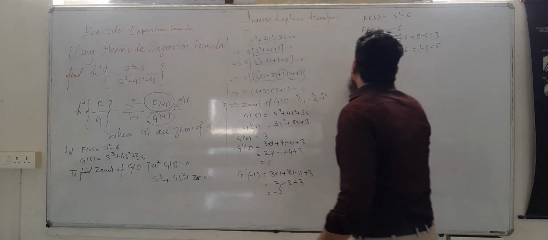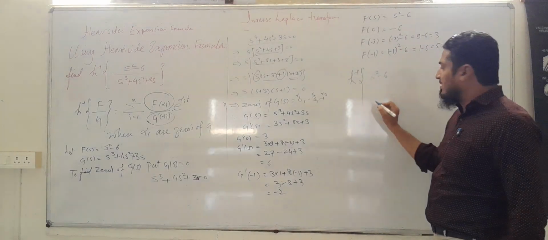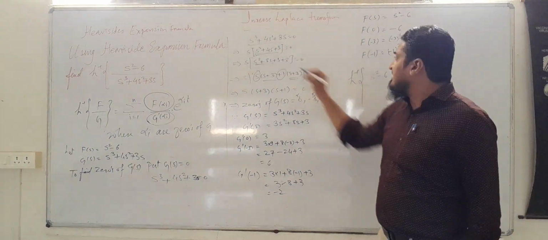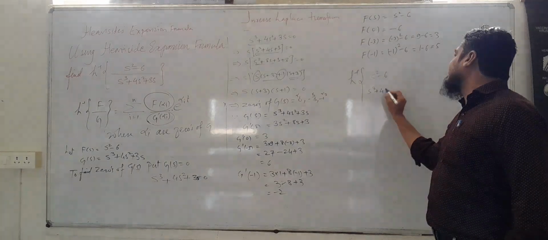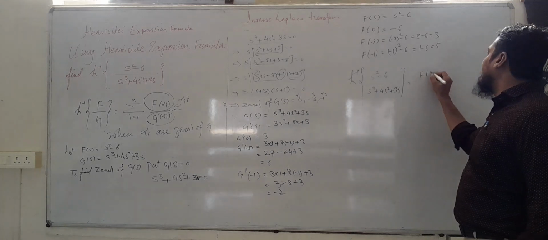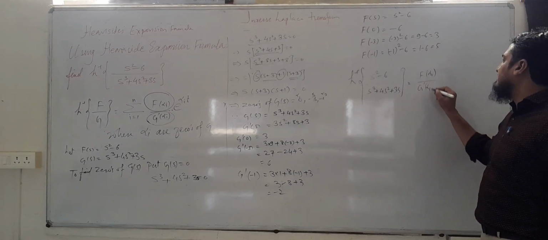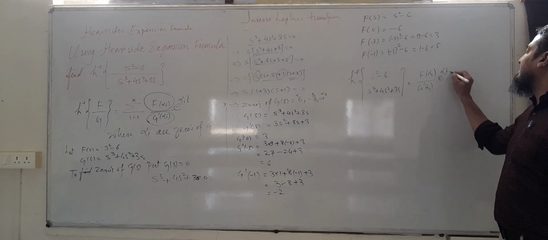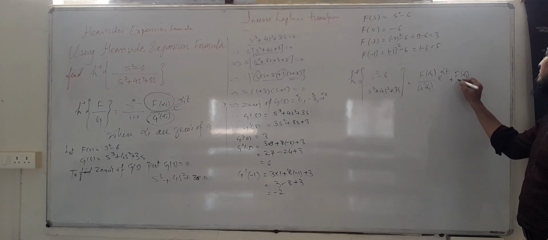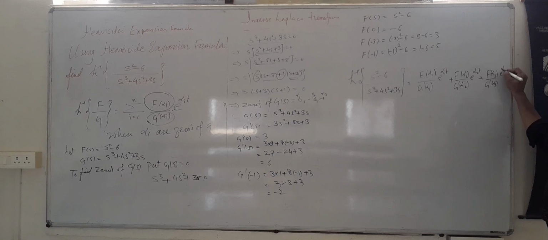So we write the inverse Laplace transform of s square minus 6 upon s cube plus 4s square plus 3s is equal to f of alpha 1 upon g dash of alpha 1 e raised to alpha 1 t, plus f of alpha 2 upon g dash of alpha 2 e raised to alpha 2 t, and f of alpha 3 upon g dash of alpha 3 e raised to alpha 3 t.